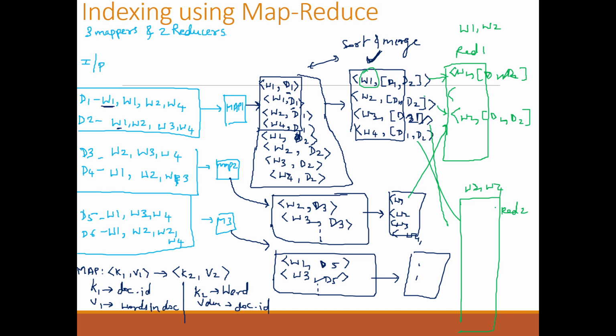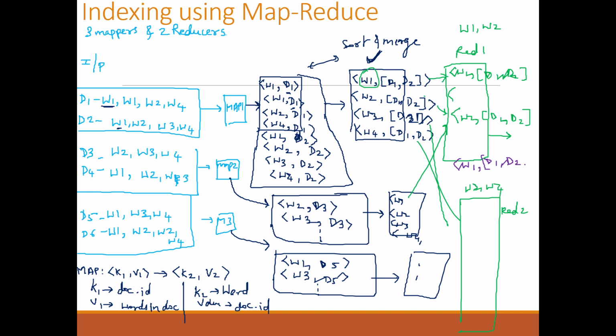Okay, and then what will this reducer do? It will operate upon whatever data is available in this reducer and give the output that is based on the data it has. So here the output will be word 1 and the documents which are having this word 1.